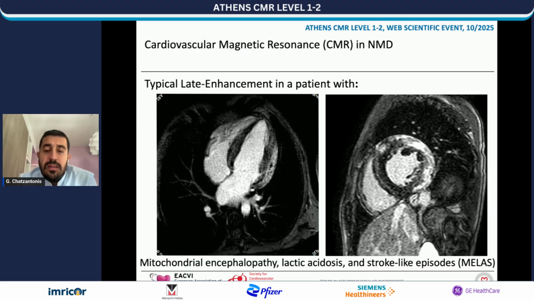And seeing this pattern, that it was a little bit too extensive and atypical for hypertrophic cardiomyopathy, we assessed further, and it was at last a mitochondrial encephalopathy, lactic acidosis and stroke-like episodes, MELAS disease.